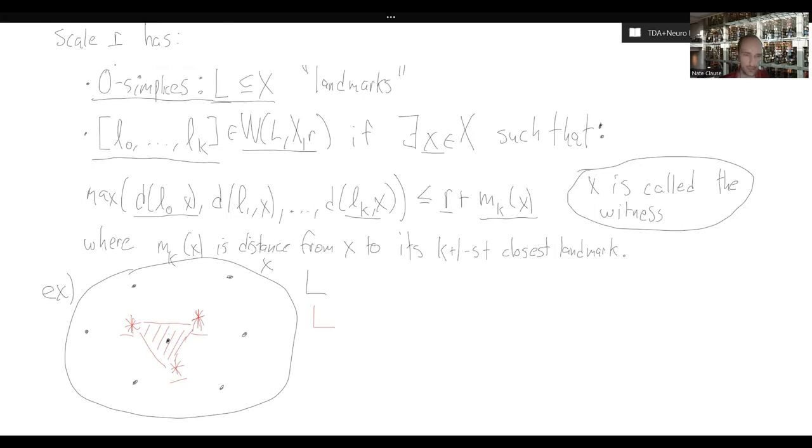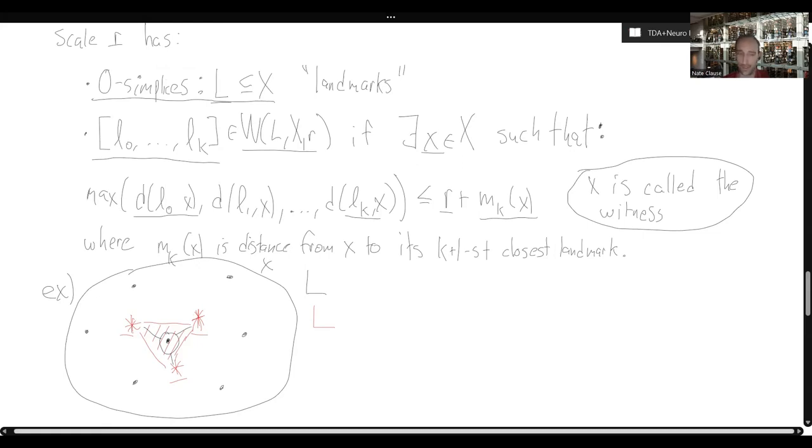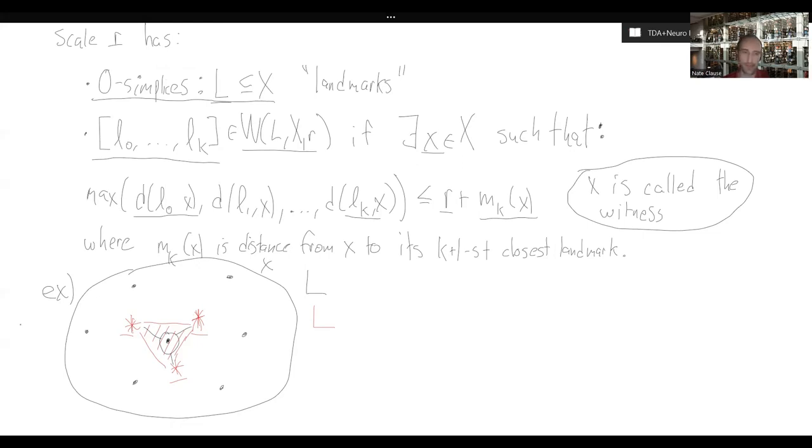Well, the idea is that this point here is a point that is close to all three of the vertices in said 2-simplex. And so the scale parameter r at which this 2-simplex exists will be determined by precisely how close this point is to each of the vertices. And this point is called the witness.